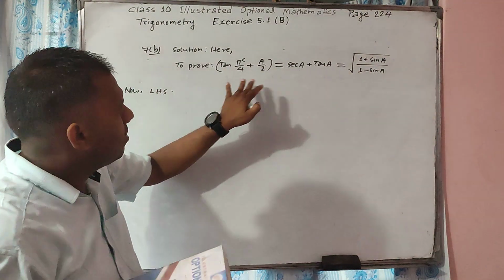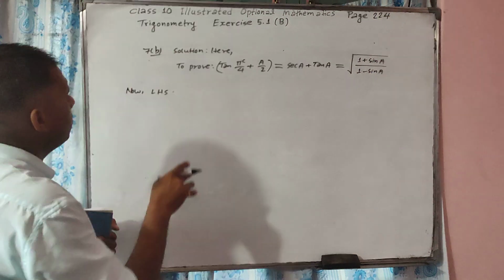We have the three parts, LHS, middle term and RHS. Let's start from LHS.